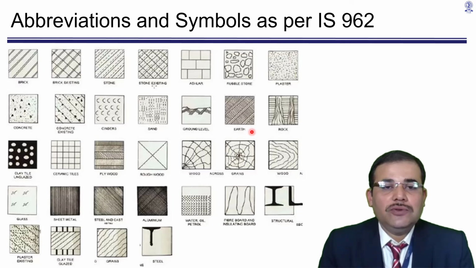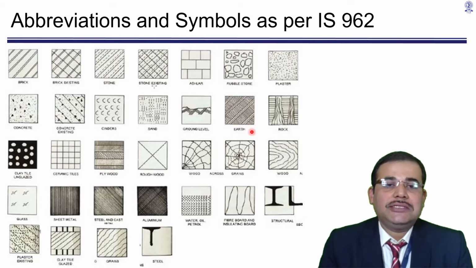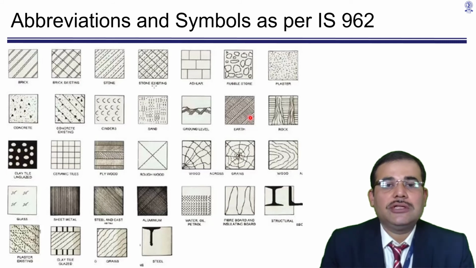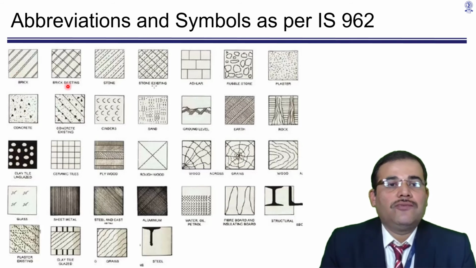Now in case of civil engineering drawing, another important thing is abbreviations. IS 962 has provided all those abbreviations and symbols for different materials. In this particular slide, you can observe for brick it is a hatching with closely spaced lines.